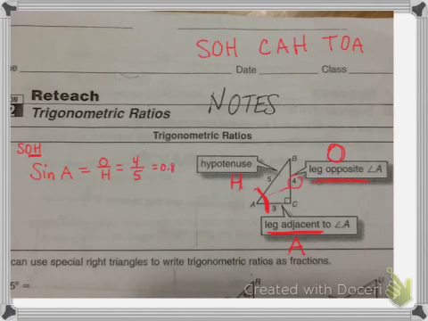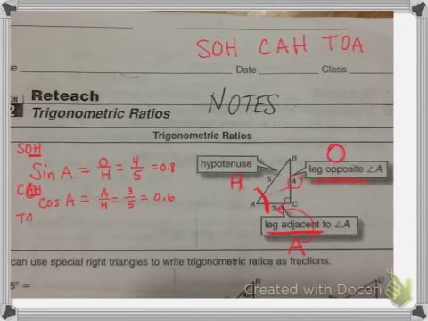Let's do the next one for CA. CA stands for cosine. And we will not pronounce this cos. It's cosine. Cosine of A, since we're using the same reference angle, we don't have to mark it, is adjacent over hypotenuse. The adjacent side to A, remember we marked it right here, has a length of 3. Typing that in your calculator gives you a decimal of 0.6.